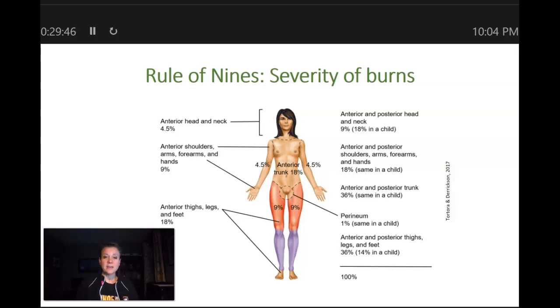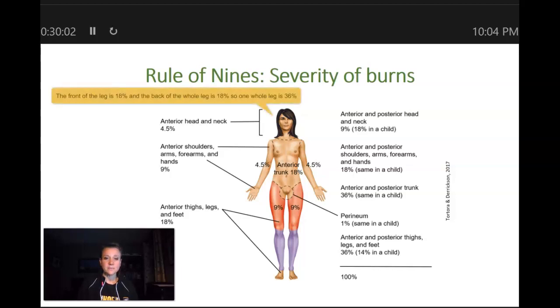And then you have your legs. And so your anterior and posterior thighs, legs, and feet would be 36% in adults.